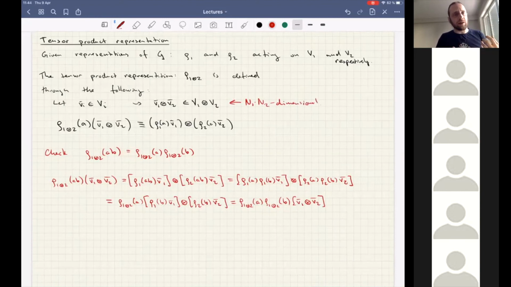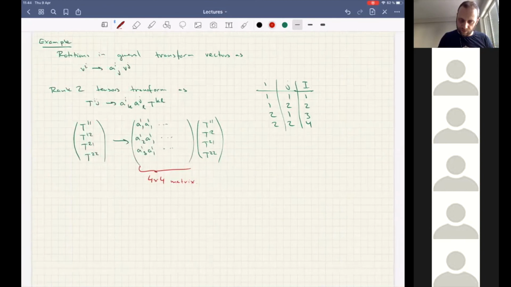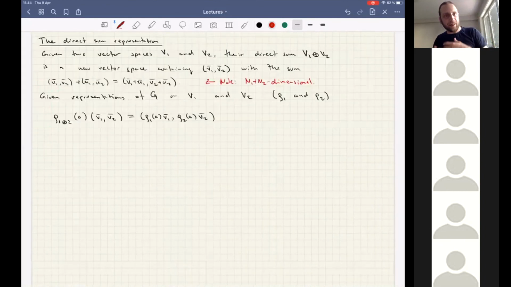So in general, they are going to be different vector spaces and different representations. Even if the definitions of these representations remind us of each other, by the fact that we're just acting on the individual elements, just as we did in the tensor product case, they are actually different representations.